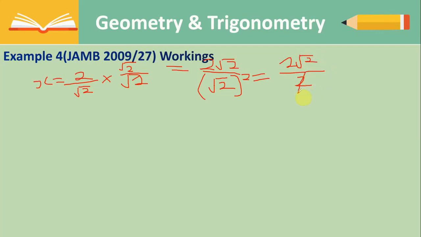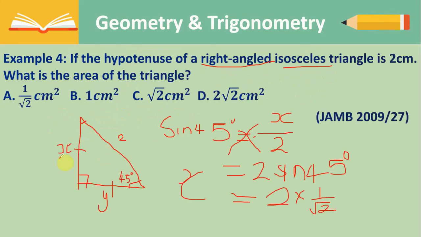Then my 2 can be taken out by 2, which means the value of my x now is root 2 centimeter. I hope you are following. If you got that right, now we have calculated the side. And don't forget, since we have an isosceles triangle, if this side is root 2, the second side is also root 2.